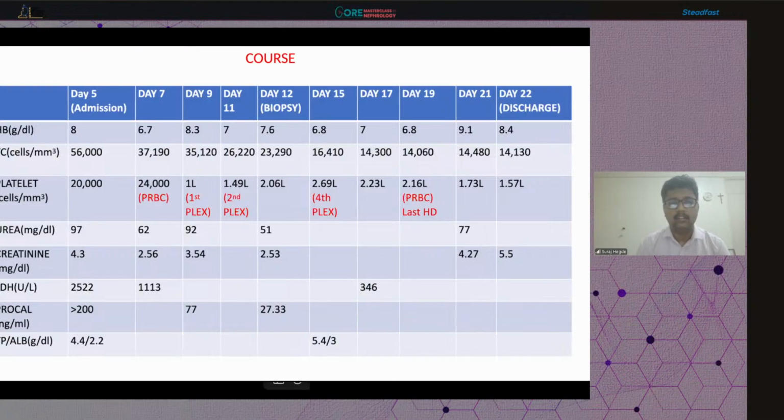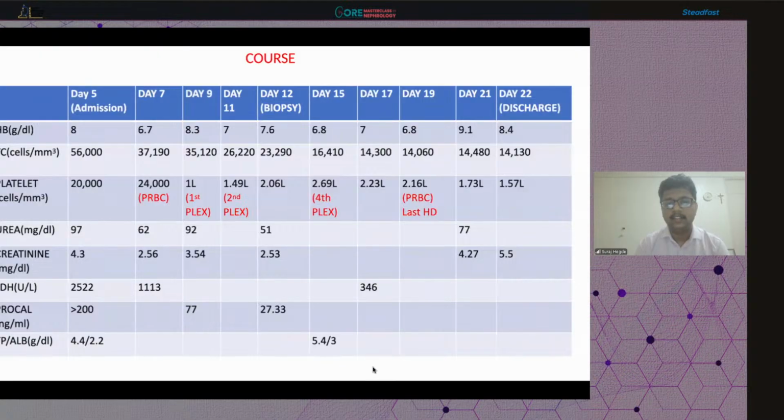The counts at the time of admission were 56,000, significantly improved, sir, by the time she was discharged. And the platelet count also had improved. And by the time we biopsied after 2 sessions of Plex, it had increased to 2 lakh. And other parameters like creatinine, by the time we stopped HD and she was discharged, it was around 4 to 5 milligram per deciliter.